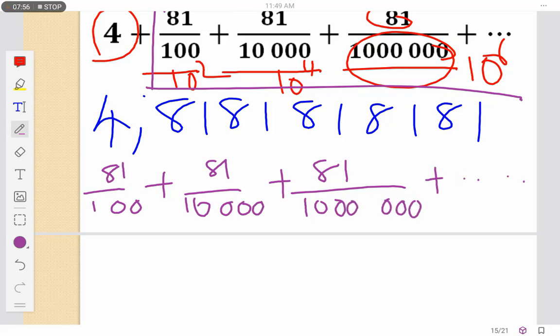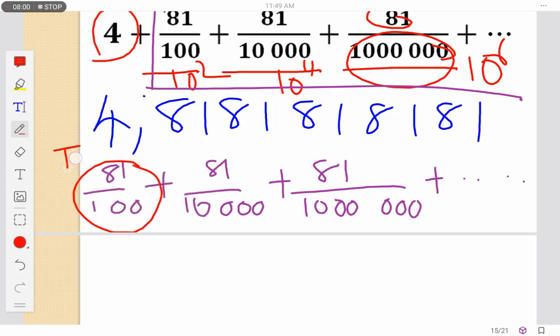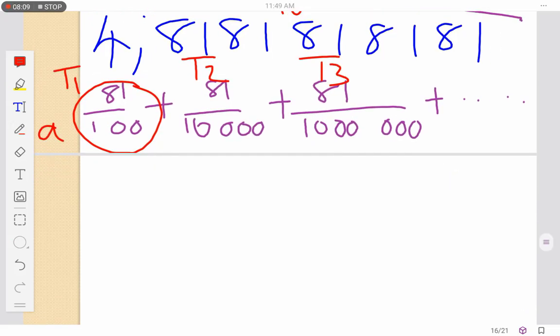This becomes the series where I have T1, T2, T3, and this one is my first term A. I should remember the 4 and not forget that 4 in my head.